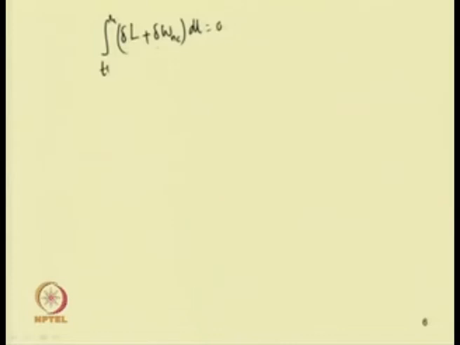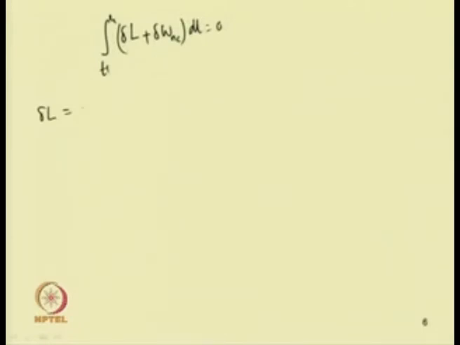As no non-conservative force is acting on the system, one can write integration T1 to T2 del L dt equal to 0. Now one can find this del L from the previous expression for this L.